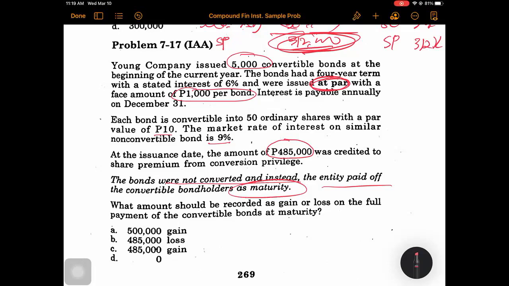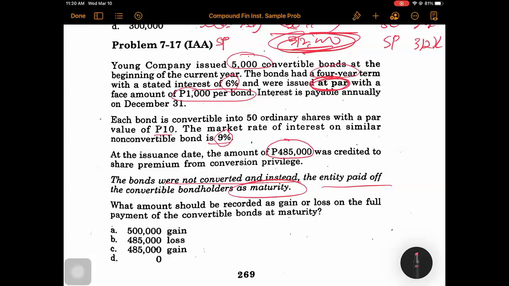Liability component. So, unknown ang market value. If the market value is unknown, we need to compute the present value, since we have a nominal rate of 6%, an effective rate of 9%, and a term of 4 years. Actually, pwede mo compute sa present value, but tanawa ang problem.